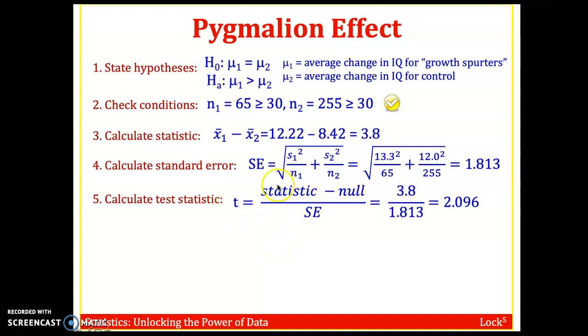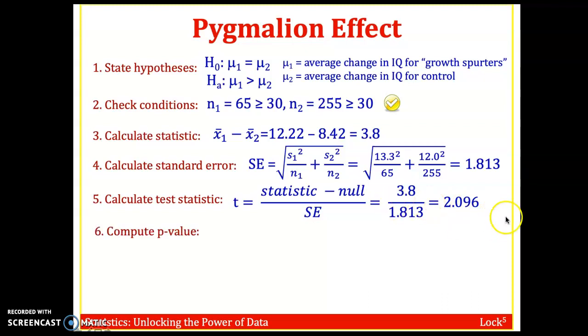My test statistic is your statistic, which I have up here, 3.8, minus the null. And I could put 3.8 minus 0 right here. The null we're assuming to be 0, 0 difference of means, divided by the standard error. And we get that to be 2.09625, so 2.096.